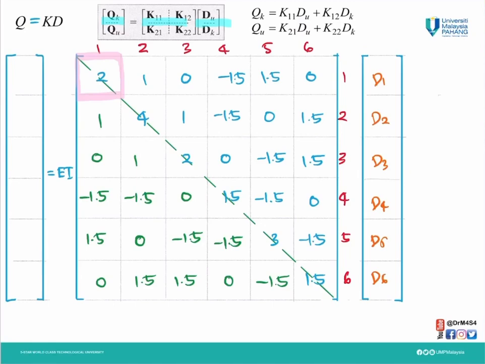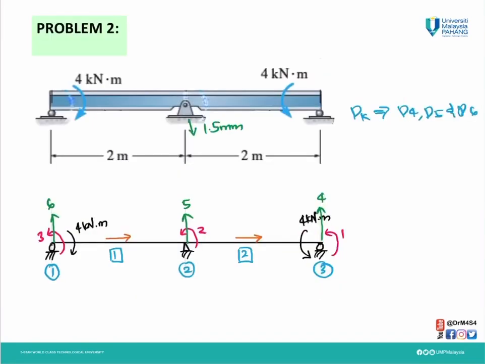And we know our known D4 is 0, D6 is 0, and D5 is also known, but with displacement downward 1.5 mm.